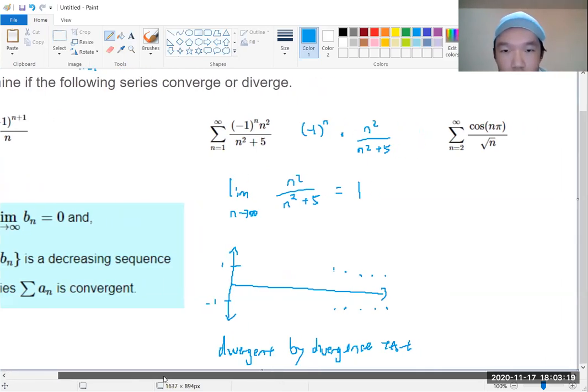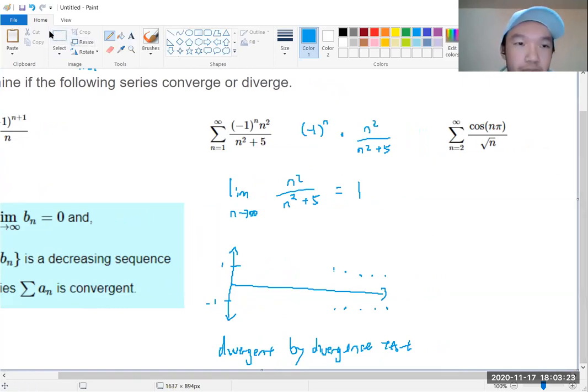All right, example number 3. This one says series as n equals 2 to infinity of cosine of n times pi over square root of n. So is this an alternating series?